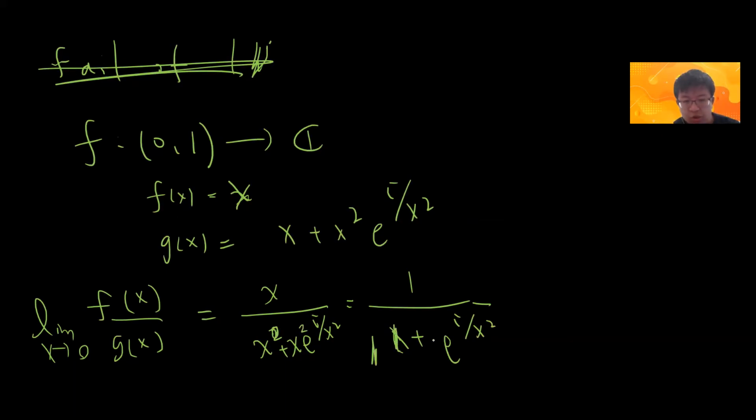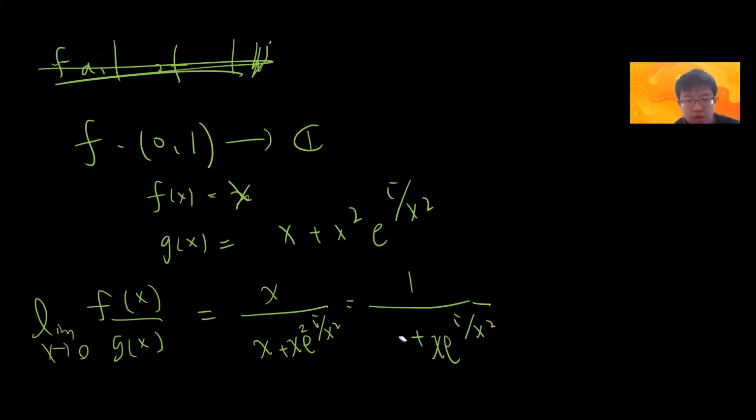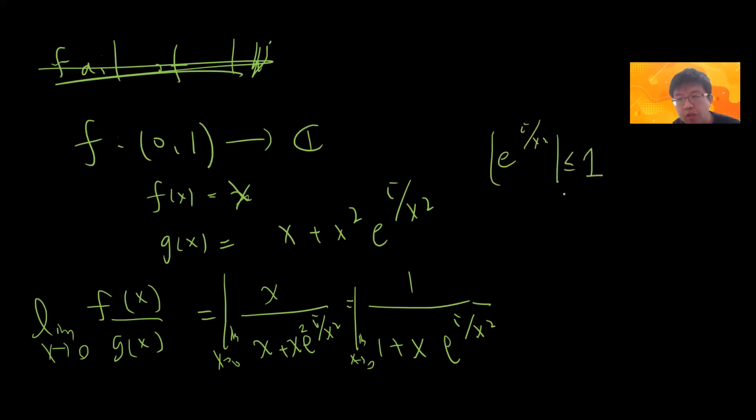So this is 1 over 1 plus x times e to the i over x squared. Now let x go to 0. You can bound this term, because the absolute value of e to the i over x squared is just 1. So as x approaches 0, the ratio approaches 1.